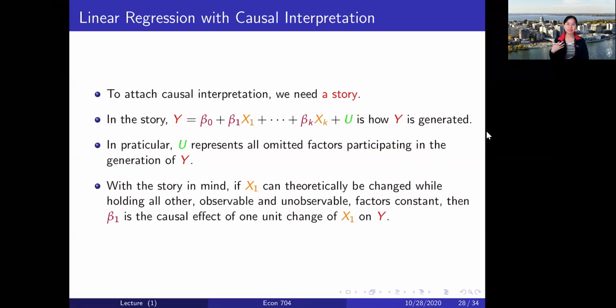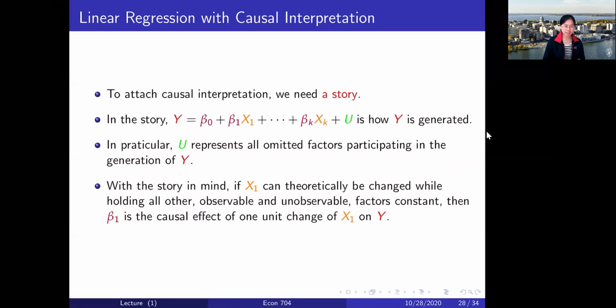So you should be committed to say that when these factor values are given, the value of y is generated according to this equation. That would be the story that you should be ready to tell before attaching any causality to the model coefficients.